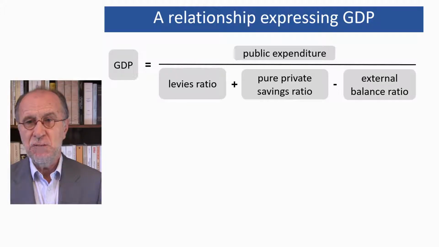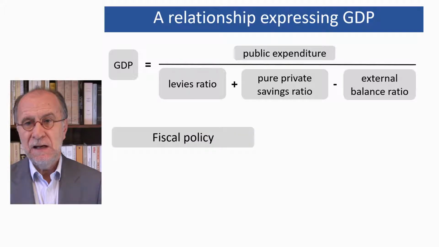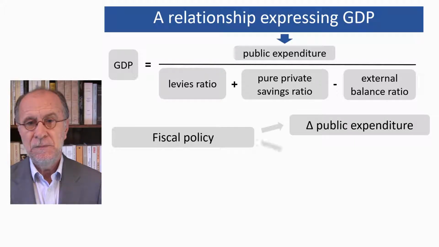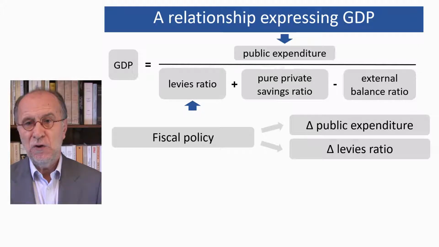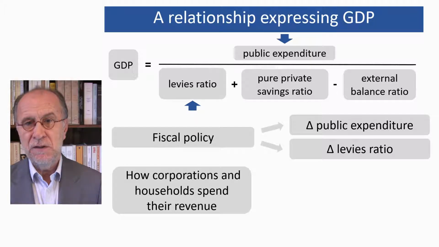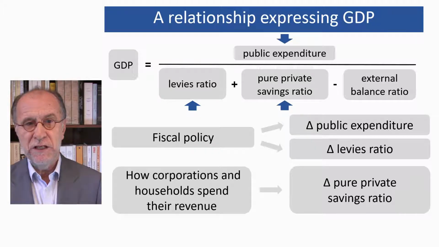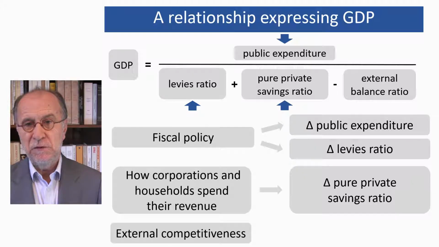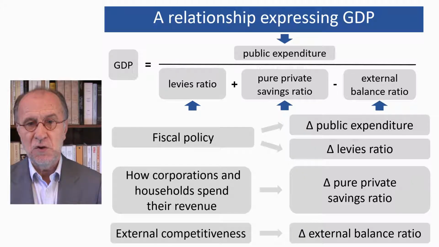This relationship shows that GDP and GDP variations are a result of, number one, fiscal policy as reflected by public expenditure and the public levies ratio. Number two, how corporations and households spend their revenue as measured by the pure private savings ratio. And number three, the economy's external competitiveness as reflected by the external balance ratio.